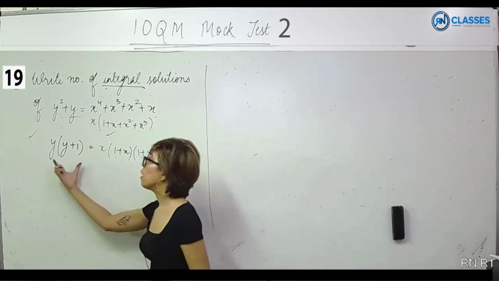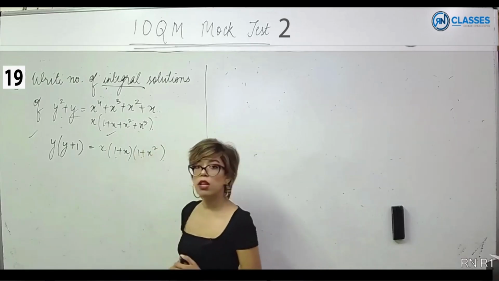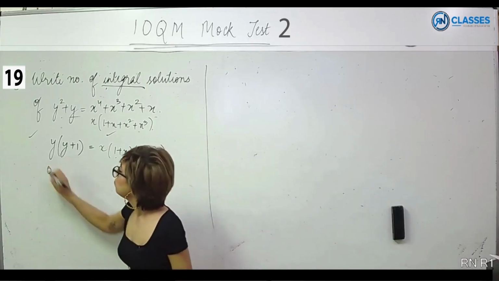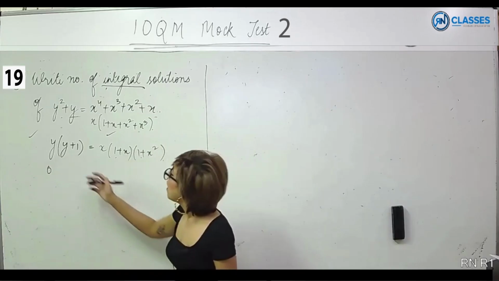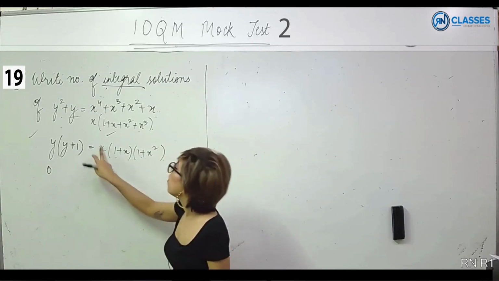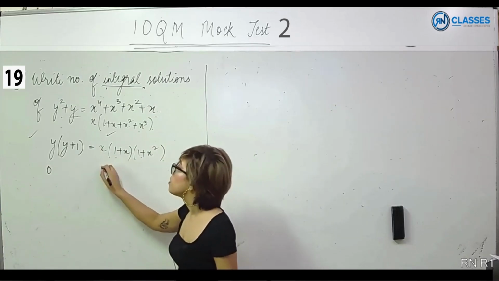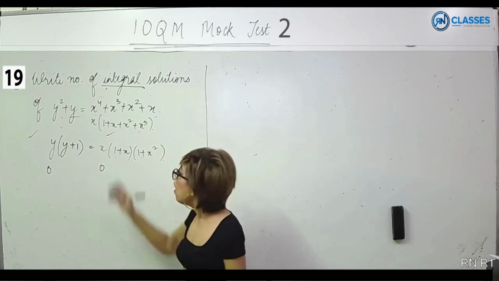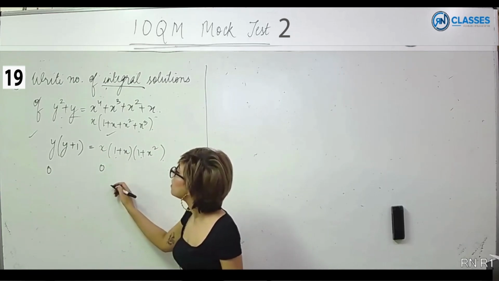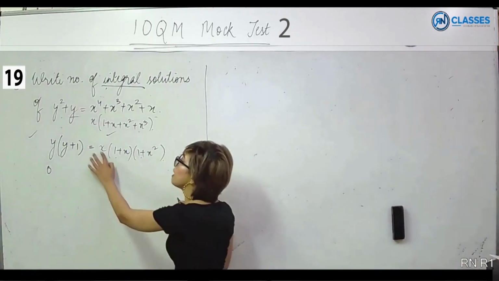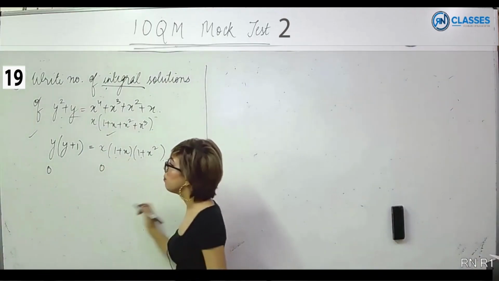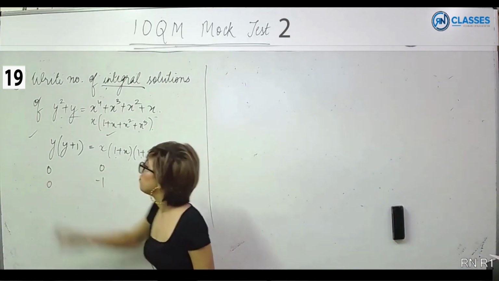I will try to make this 0 and this 0. Now, if I put y as 0, this becomes 1, nobody cares. Now x, I can put as 0 or I can put x as minus 1 also. Why? Because if I put x as minus 1, this term becomes 0. So I can do this also.